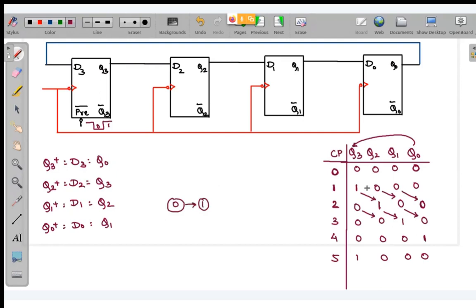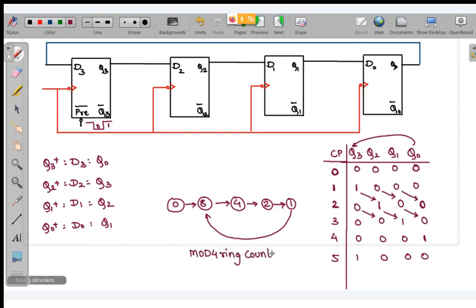After that we went to 8, next to 4, then to 2, then to 1, and once again back to 8. So this is known as your ring counter, or basically a mod 4 ring counter.